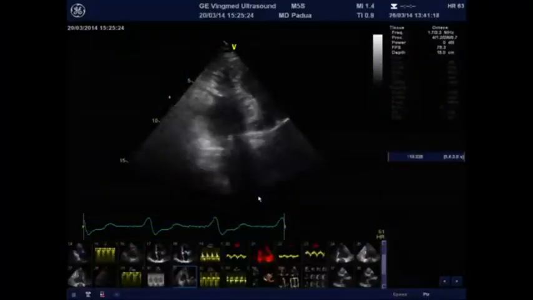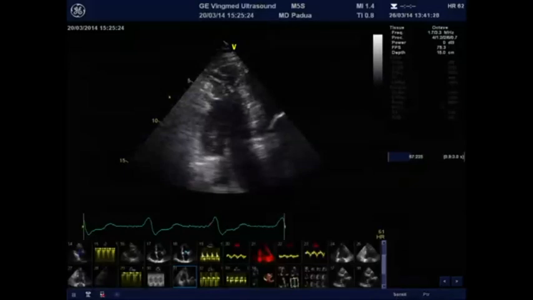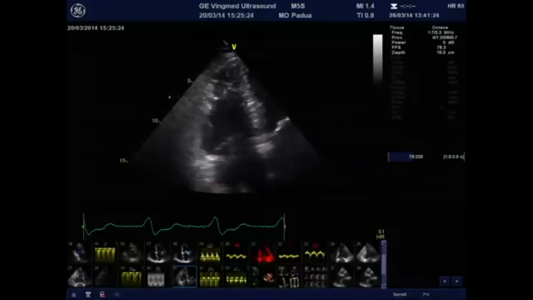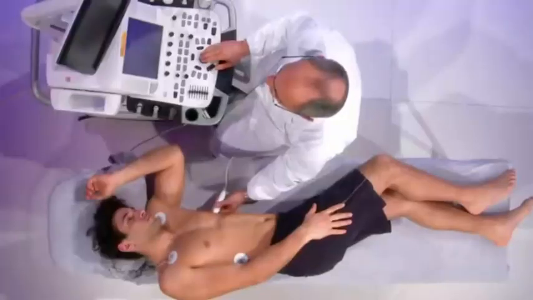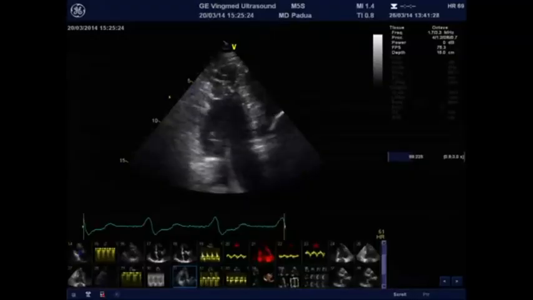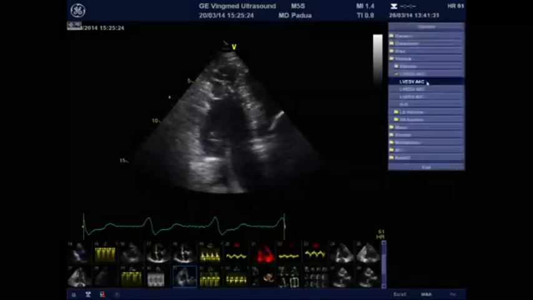But if you don't have a 3-dimensional echo to measure volumes and ejection fraction of the right ventricle, you can measure the fractional area change. Again, I will first select the largest area of the right ventricle.